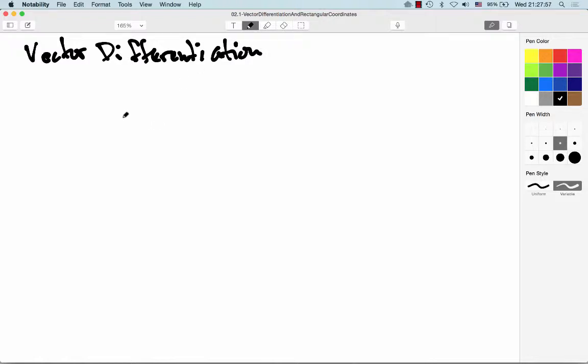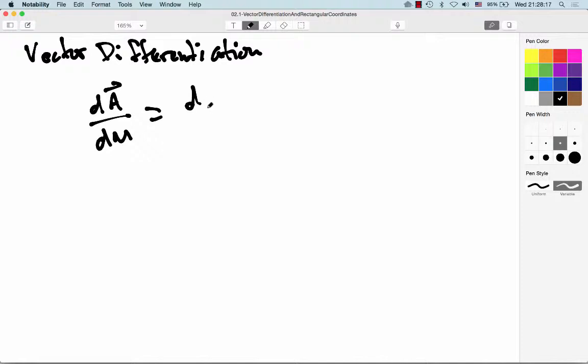Now, vector differentiation is defined in terms of Cartesian coordinates. So say I try to differentiate some vector A with respect to some scalar u. I'm trying to be very generic here. You usually will be differentiating with respect to time.